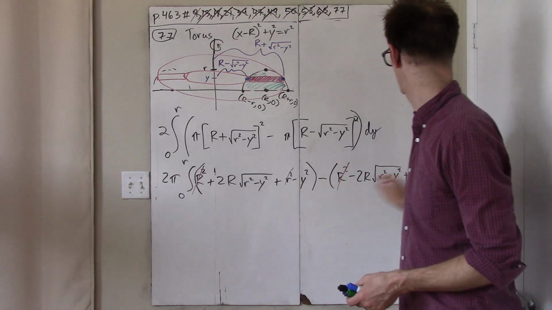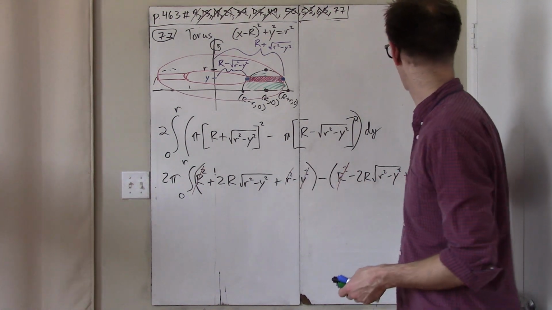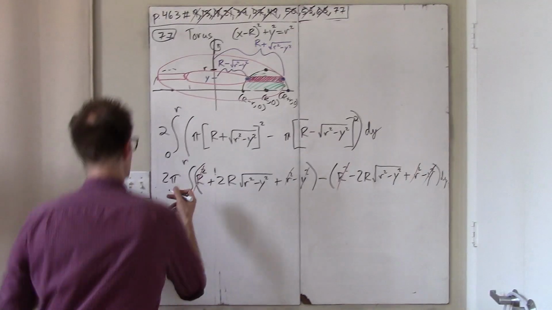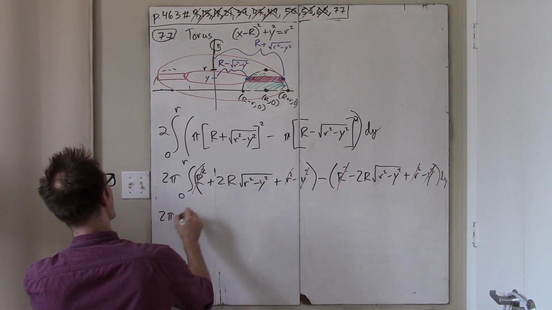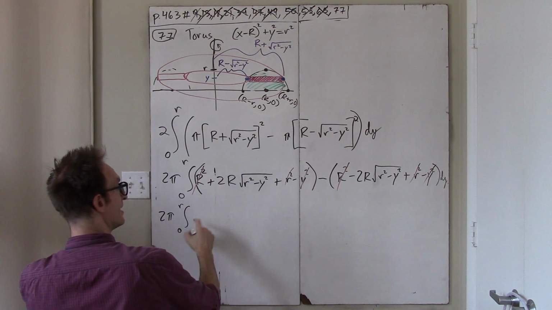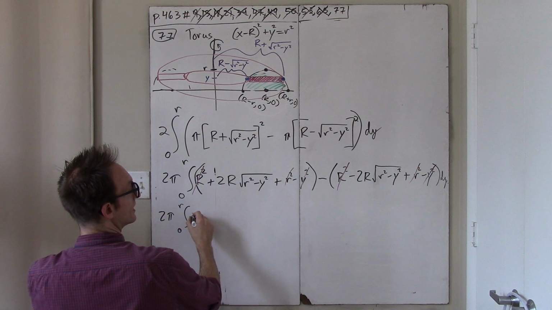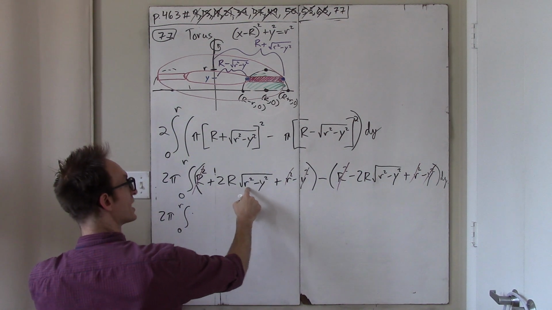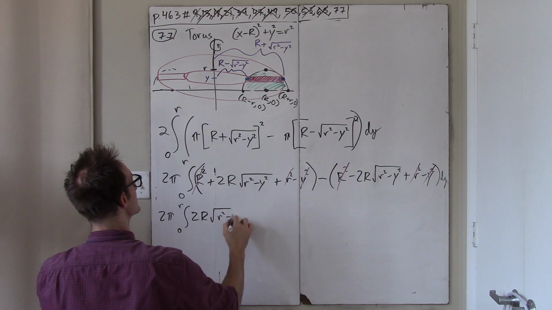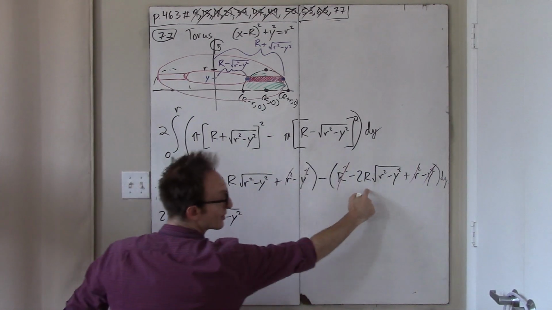And then these cancel, and these cancel as well. And so, what do we get? We get 2 pi integral from 0 to little r of 2 big R root r squared minus y squared, and then there's just another one over here, right?